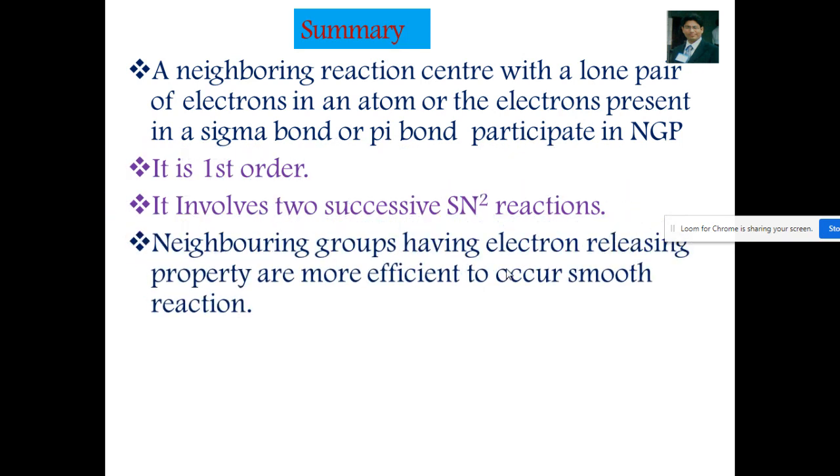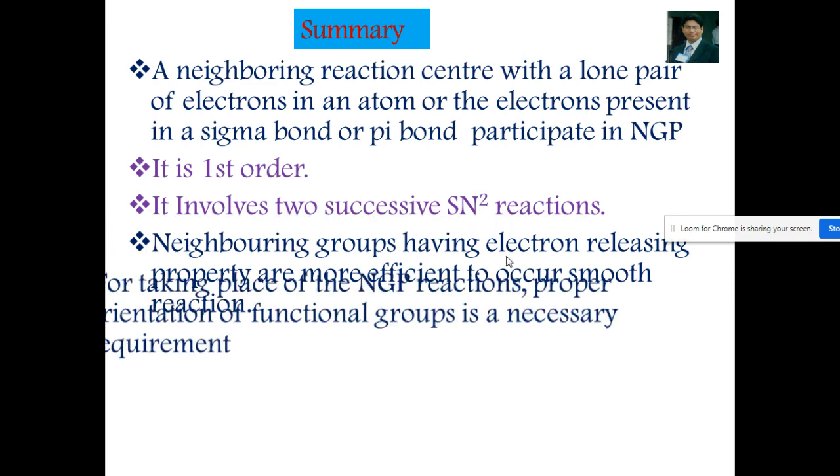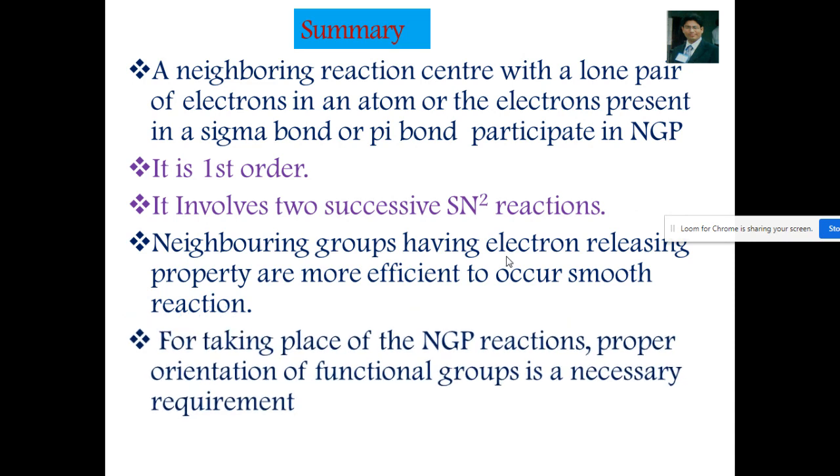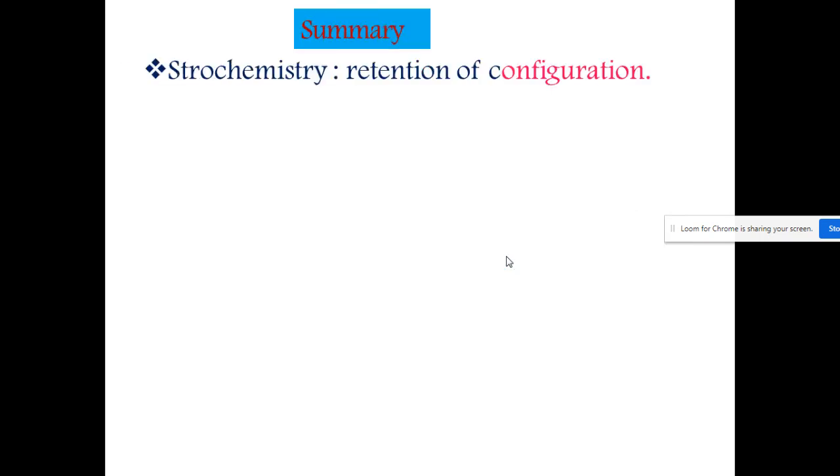Neighboring groups having electron releasing property are more efficient for a smooth reaction. For NGP reactions to take place, proper orientation of the functional groups is a necessary requirement. The stereochemistry of NGP is finally retention of configuration. Here the reaction rate increases, which is also important for neighboring group participation.